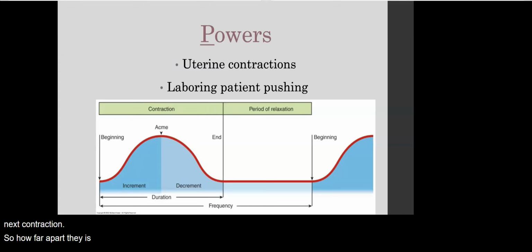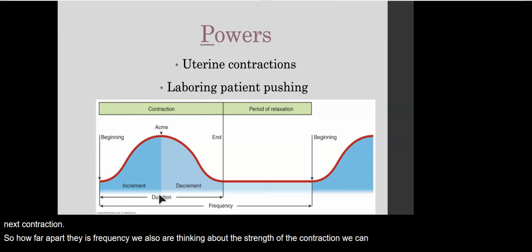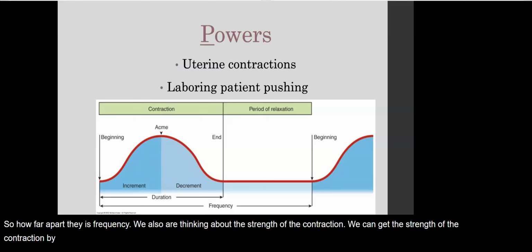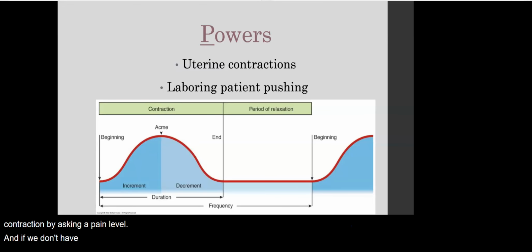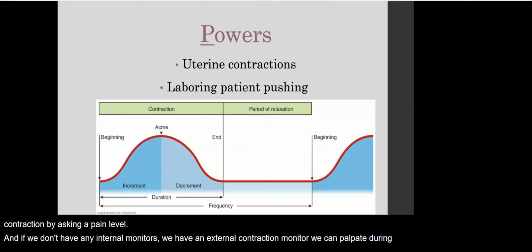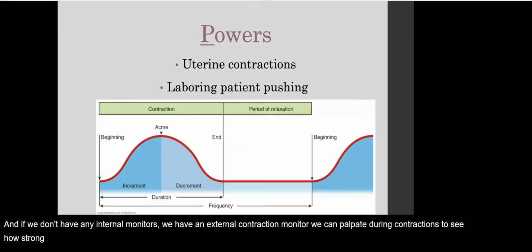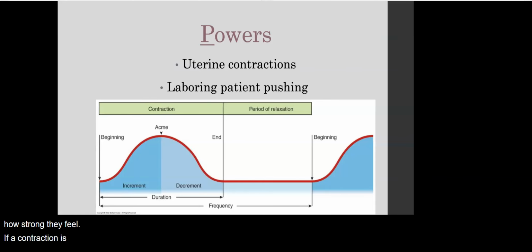We also are thinking about the strength of the contraction. We can get the strength of the contraction by asking a pain level. And if we don't have any internal monitors, we have an external contraction monitor. We can palpate during contractions to see how strong they feel. If a contraction is mild, the fundus of the uterus will feel like our nose.